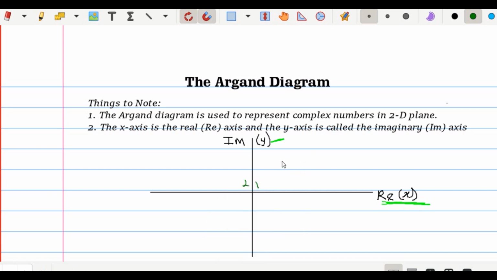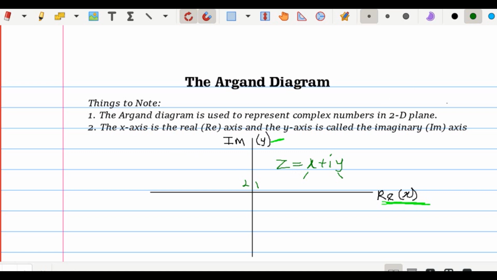If a complex number is of this form, x plus iy, where the real part is positive and the imaginary part is positive, then such a complex number belongs to the first quadrant of the Argand diagram.